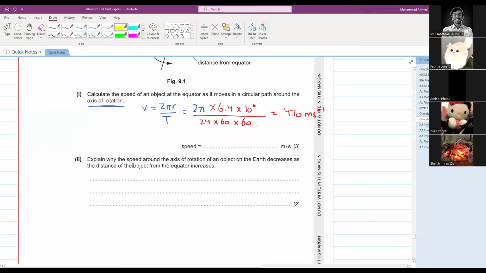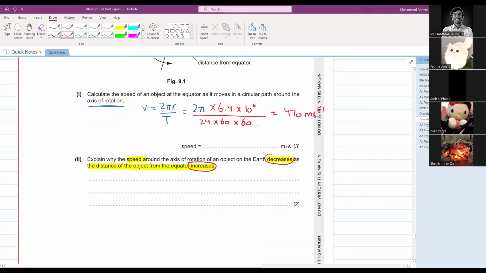Just focus a bit. बेटा डिस्टेंस इंक्रीज करने से स्पीड डिक्रीज क्यों हो रही है as you increase the distance from the equator?